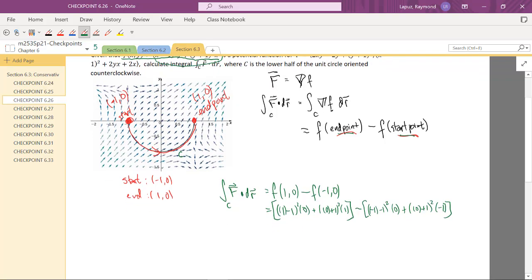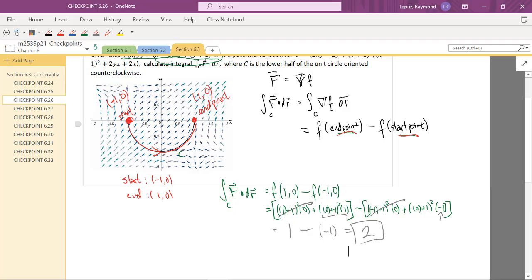Okay, you just need to be careful about simplifying, but that's all we need to do. So this is 0, this is 0, and we will have a +1 minus a -1. So that gives us 2.